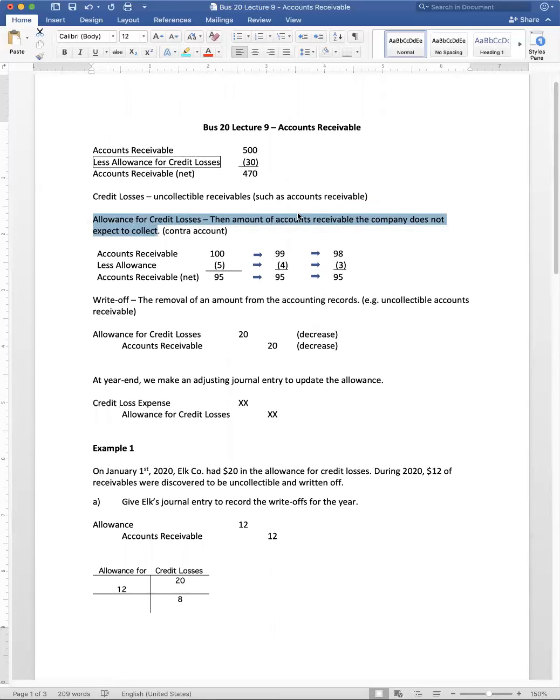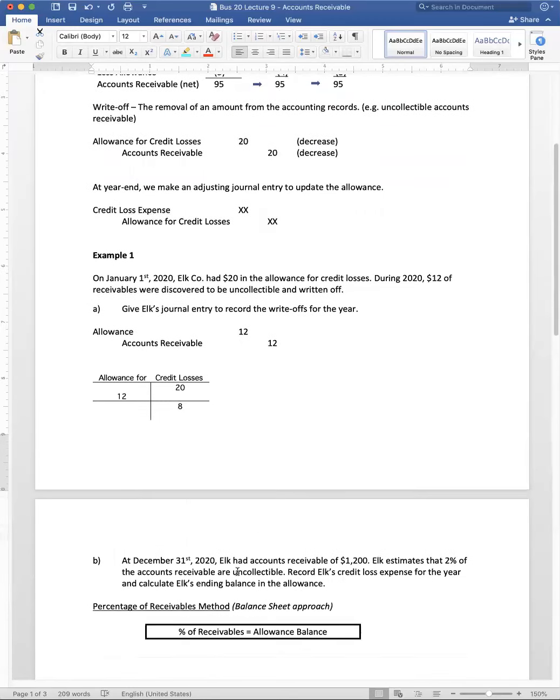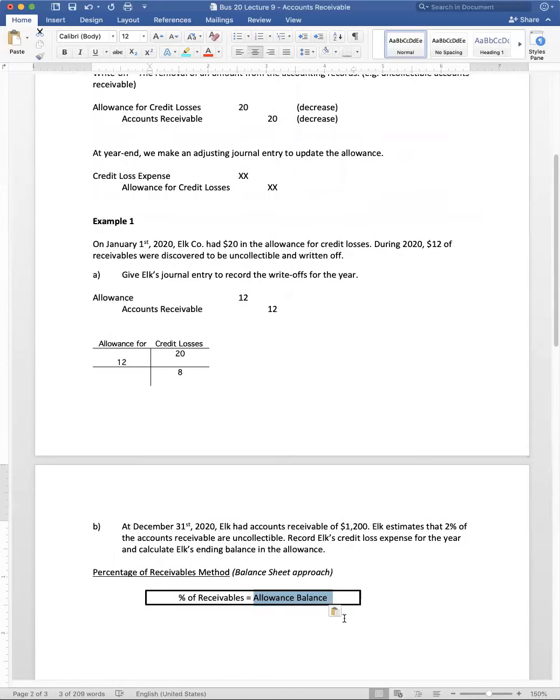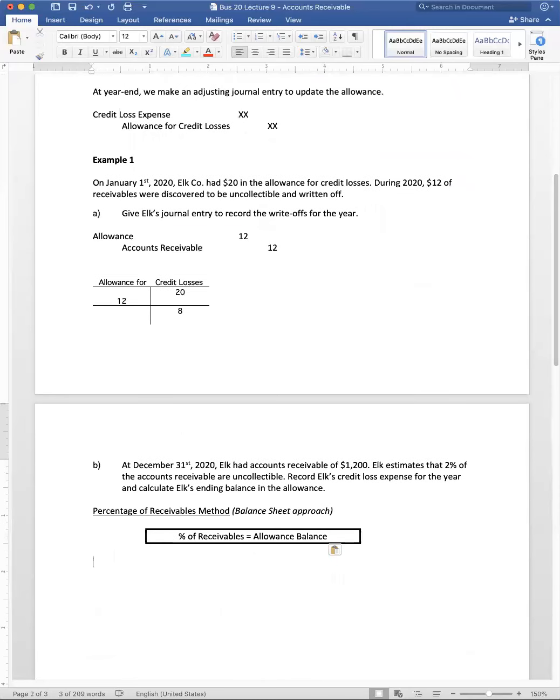The allowance is the amount of accounts receivable the company does not expect to collect. So that is the allowance, and that's what we see here. The percentage of receivables, in this case 2%, are the amount they cannot collect, the allowance. Okay, so let's do that calculation.